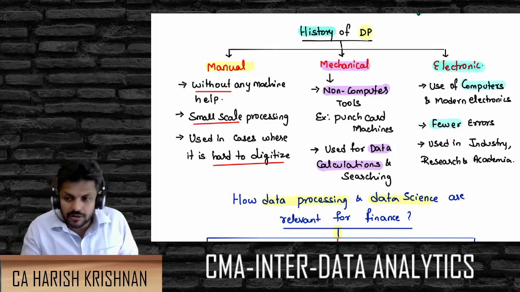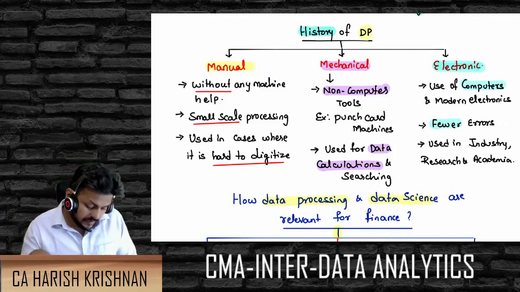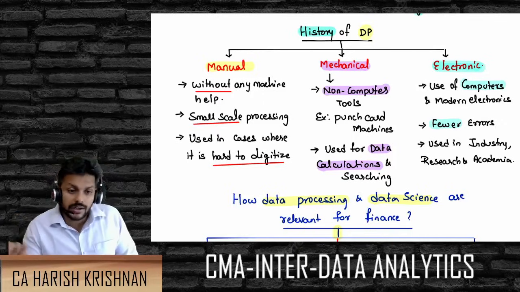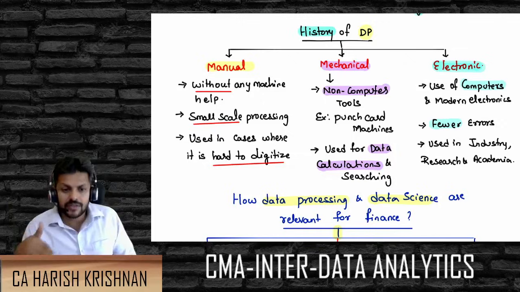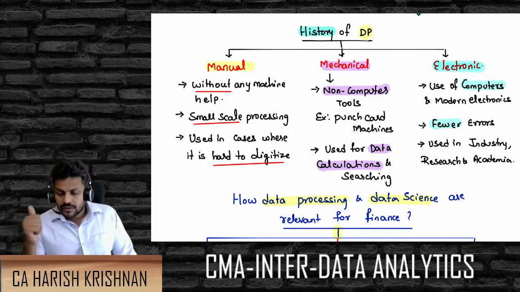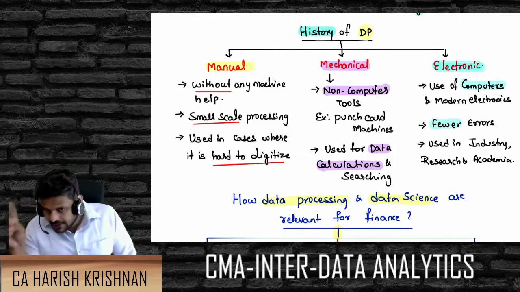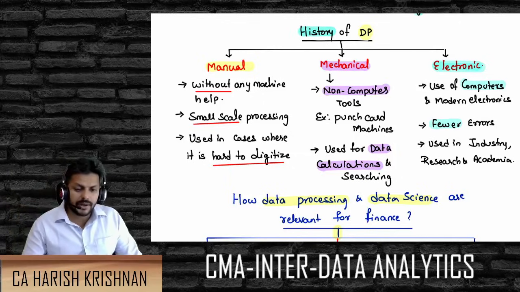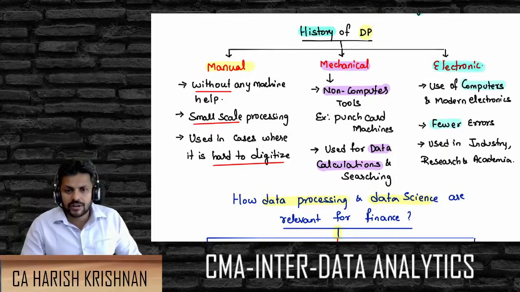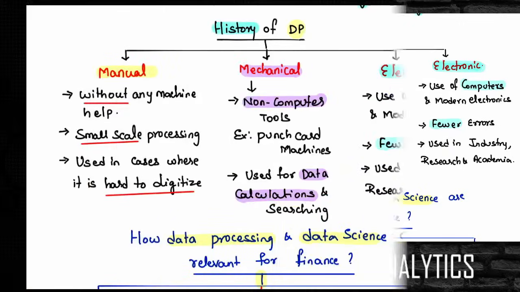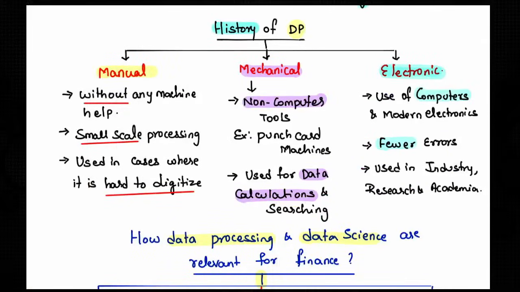To make an understanding of that, we have to do the audit also in EDP environment. Various new audit techniques are there. That is why when I was teaching this, I've explained that in detail there also. Bottom line, three categories are there in the history of this: manual, mechanical, and electronic.